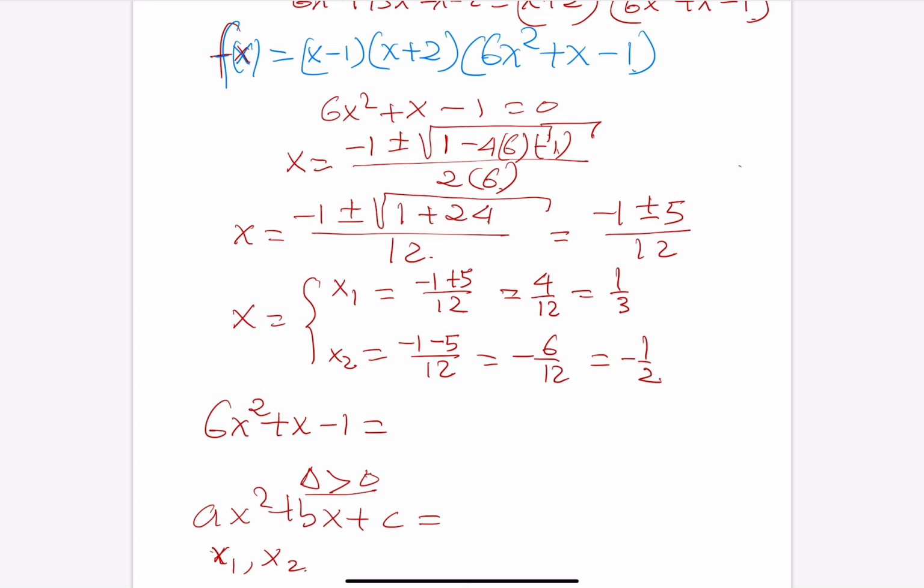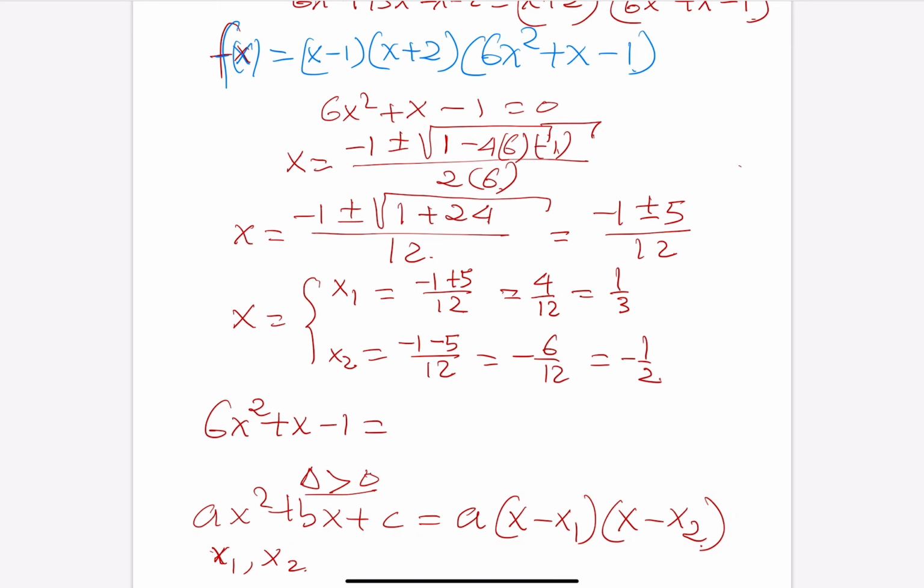The way to write this in another form is the leading coefficient a, times x minus x1, times x minus x2. You have to remember this one.